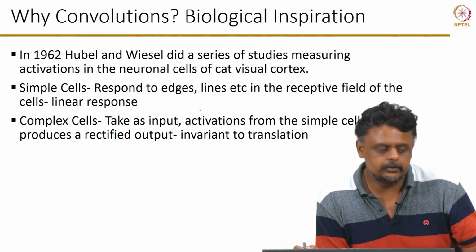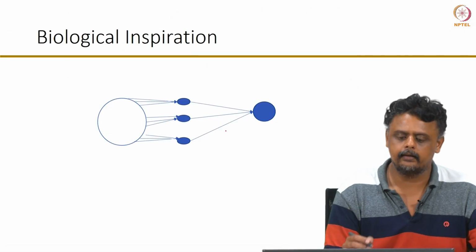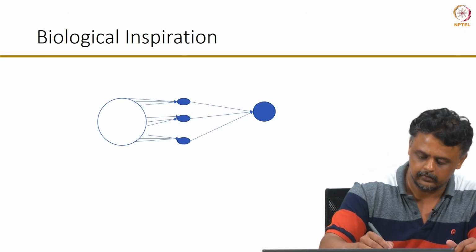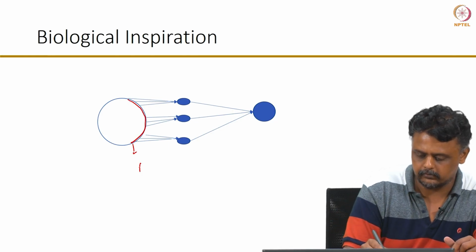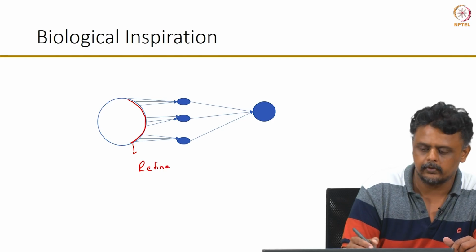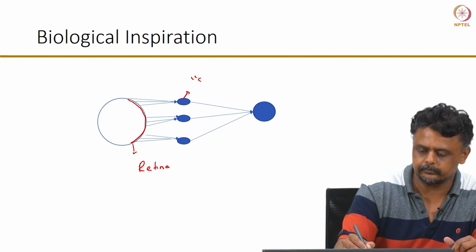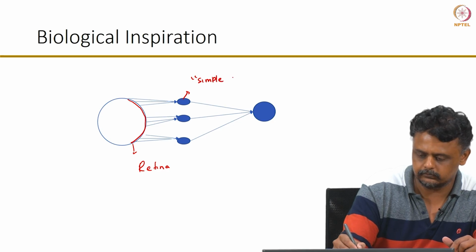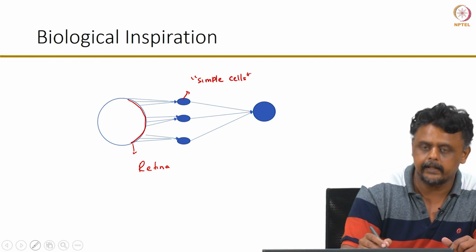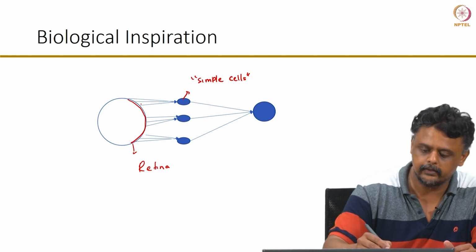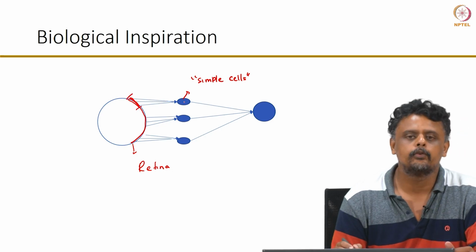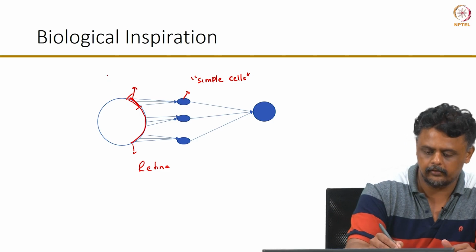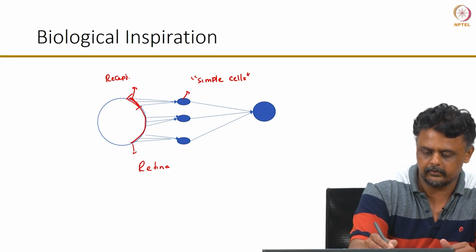Okay. So, this was the inspiration. Let us say this is your eyeball and this is your retina right here. The simple cells here take as input signals from a particular region. This is a small region here for this cell. This is called the receptive field of that particular cell or group of cells.